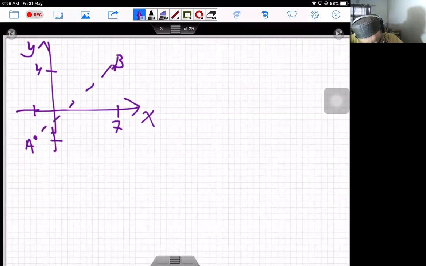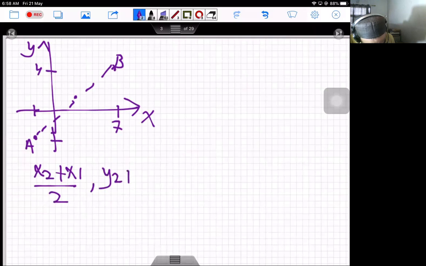AB is the diameter. So obviously the midpoint of AB is supposed to be the center of the circle. So let's find the midpoint of AB. The formula for midpoint is (x2 plus x1) over 2, comma (y2 plus y1) over 2.